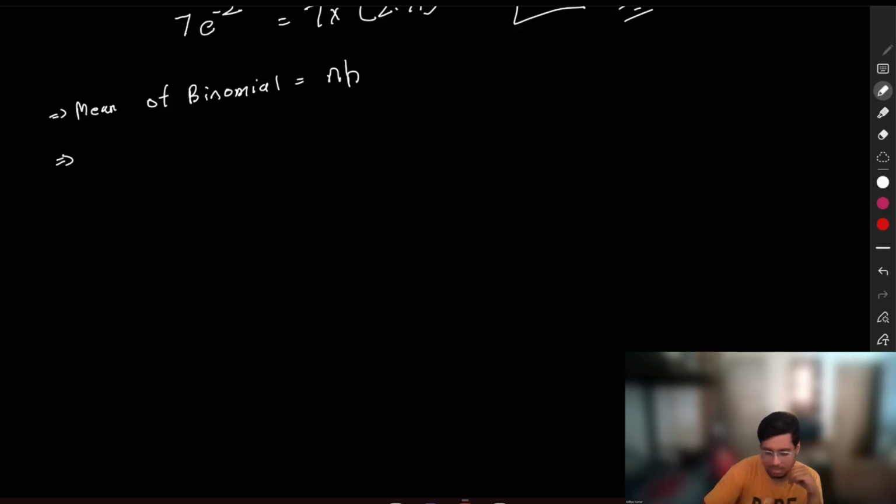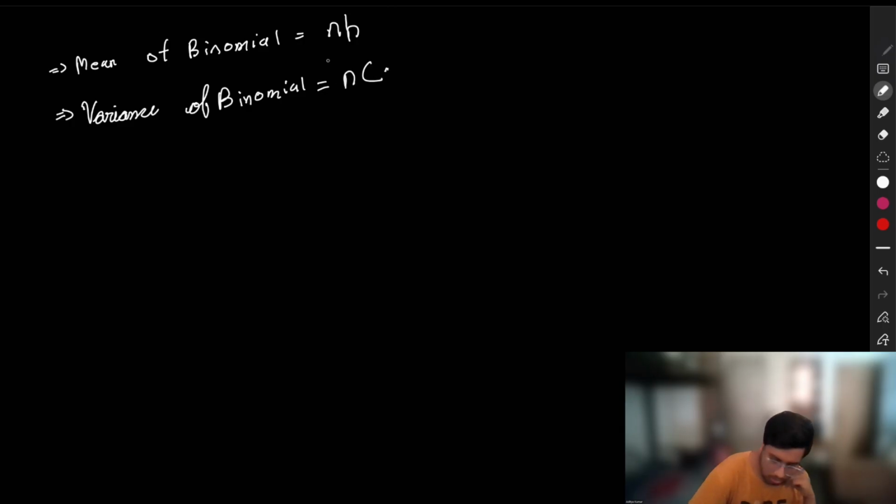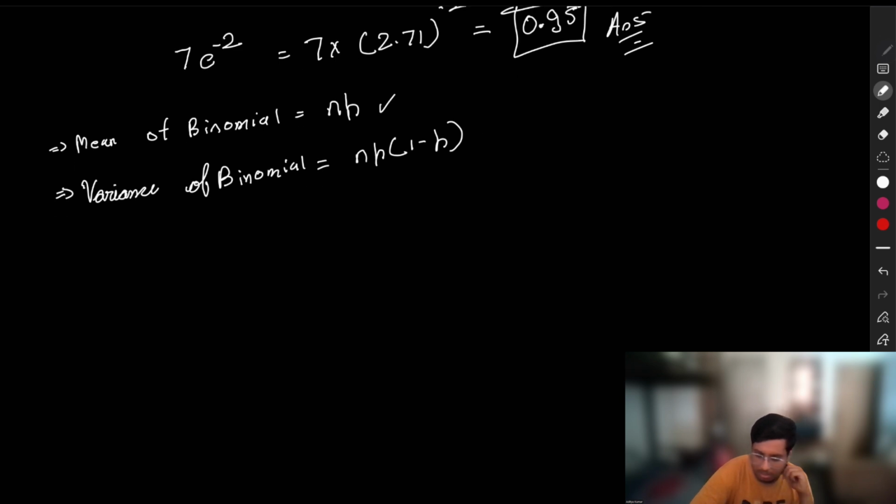What is the variance of binomial? It is simply n times 1 minus p, right? No, np multiplied by 1 minus p. So this is the mean of the binomial and this is the variance of the binomial.